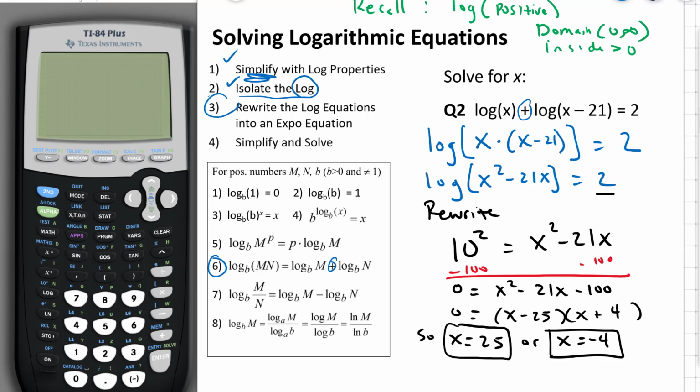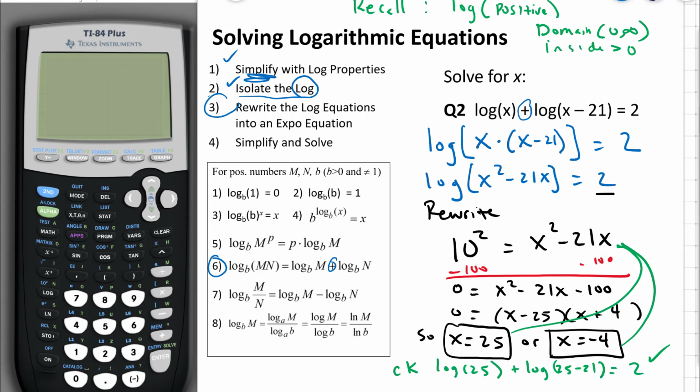So it's important to check your solutions. We have two good solutions, and these two solutions work for this quadratic equation. But do they work for the log equation? We've got to check. And check that it's going to be 2. It's going to work just fine.